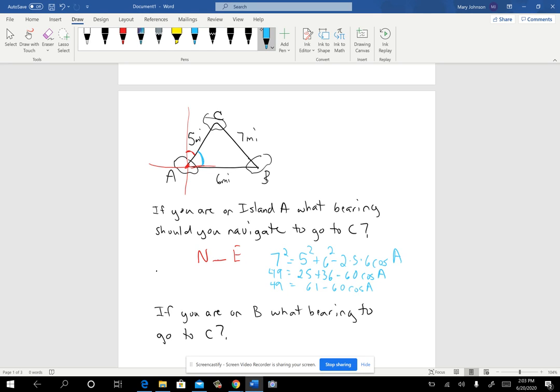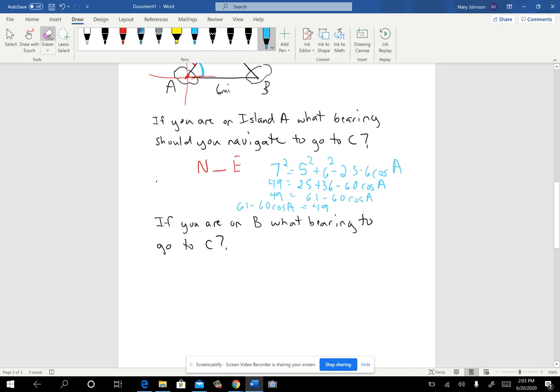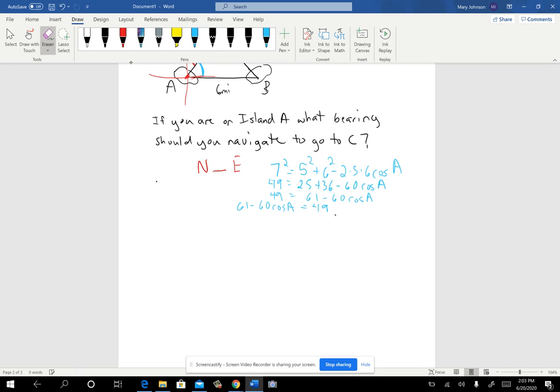So this would be 61 minus 60 cosine A equaling 49. I didn't really do anything there other than just switch the two sides. I'm just going to move this down. We'll do that later. So what we want to do is take away the 61.